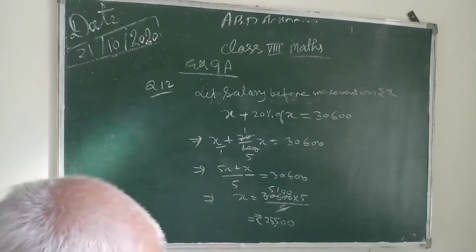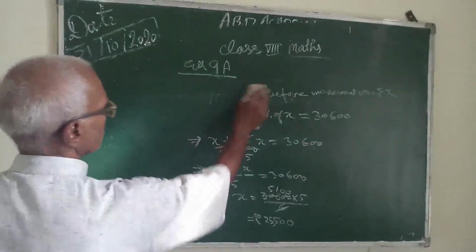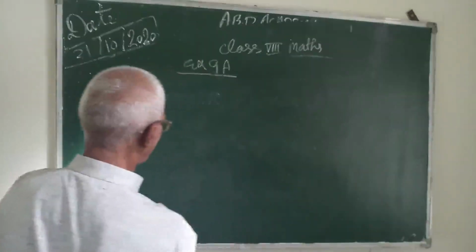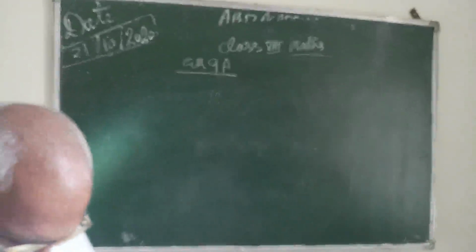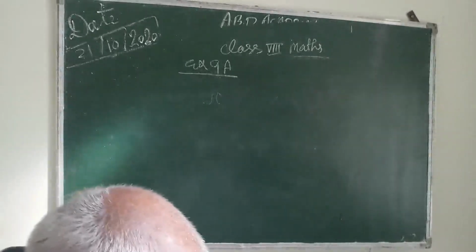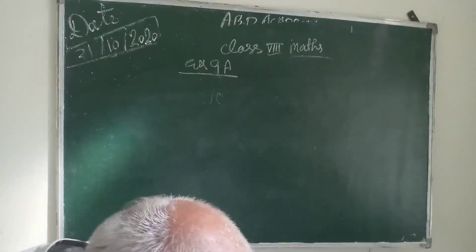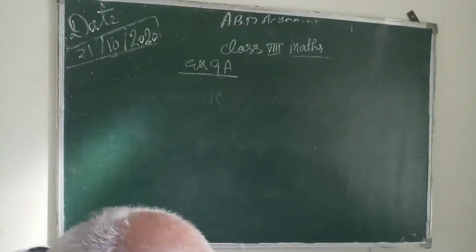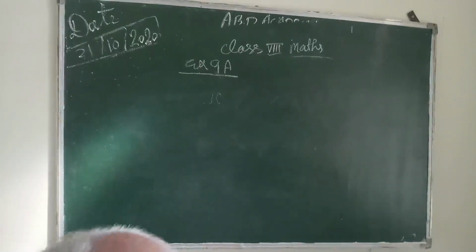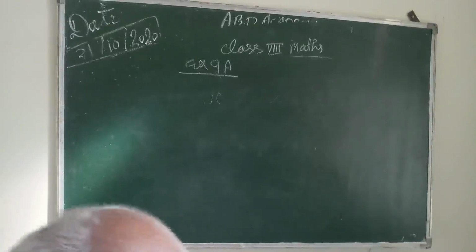Now you see, number 13 is here to indicate how you can calculate the percentage of your attendance in school. In 13, Sonal attended her school on 204 days in a full year. If her attendance was 85%, find the number of days on which the school was opened.